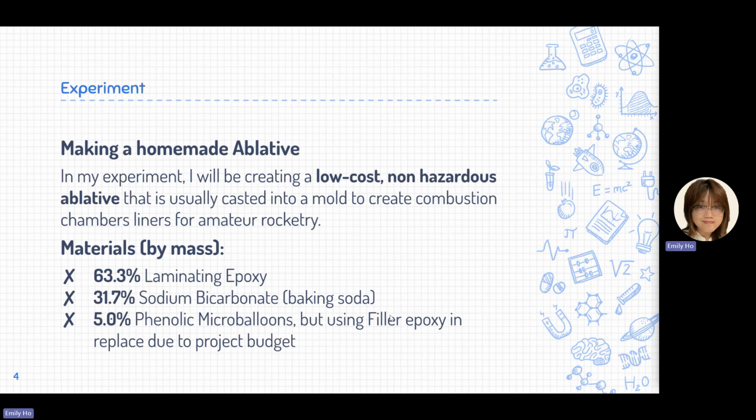I'll be weighing them out: 63.3% laminating epoxy, 31.7% baking soda, and 5% filler. On the next slide, I'll be further explaining the properties and why I chose these materials.